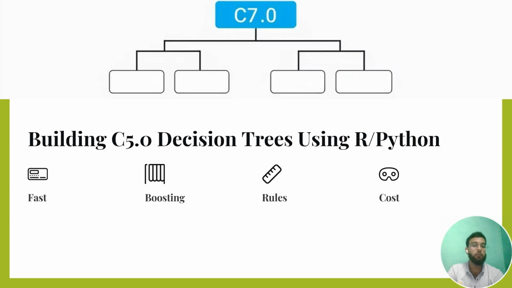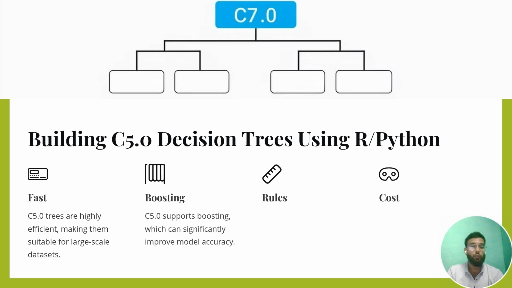Firstly, it is fast. C5.0 trees are highly efficient, making them suitable for large scale data. Secondly, it provides boosting. C5.0 supports boosting, which can significantly improve model accuracy.